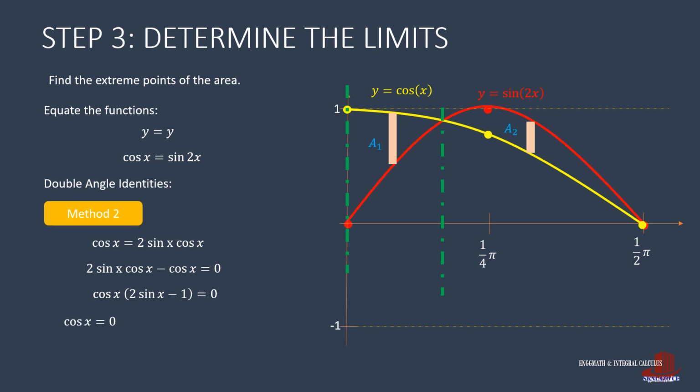Now equate cosine x to 0, where x is then solved as arc cosine of 0, which is half of pi. That is the intersection on the right. The other intersection is taken when 2 sine of x minus 1 is equated to 0. 1 moves to the other side and everything is divided by 2. So x is then arcsine of 1/2, which gives pi over 6.